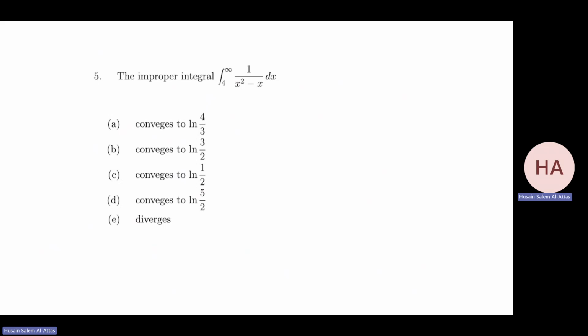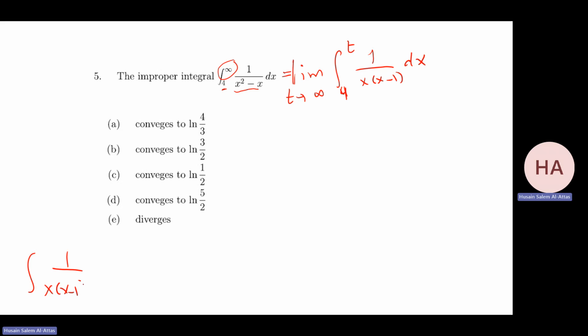This improper integral. Okay, so my concern is about infinity here. 0 and 1 I don't need to think about, since I'm starting from 4. So I have the limit as t goes to infinity of the integral from 4 to t of 1 over x times (x minus 1) dx. Let me think about this integral. Yeah, this is partial fractions, very clear, an easy one.